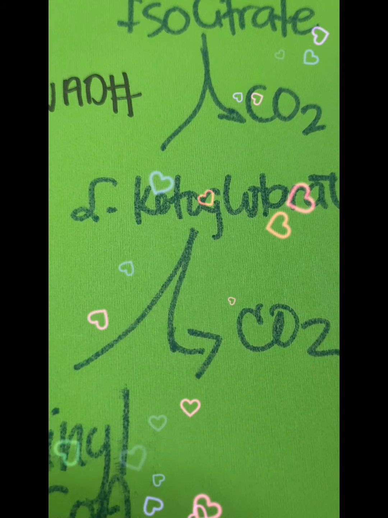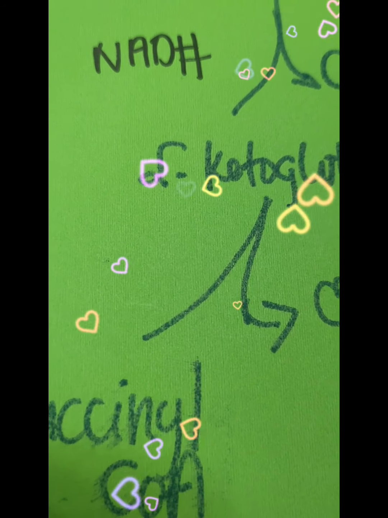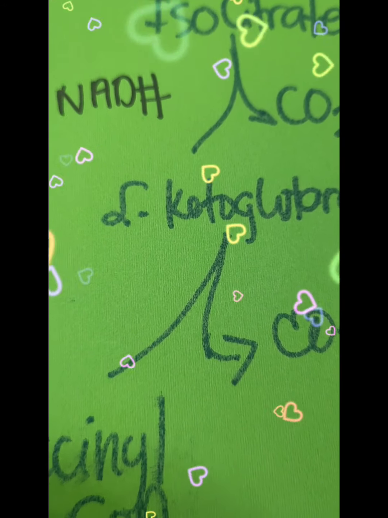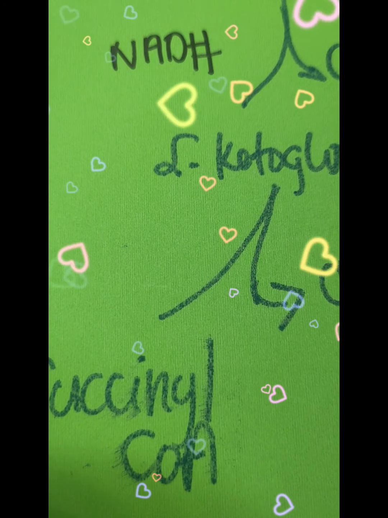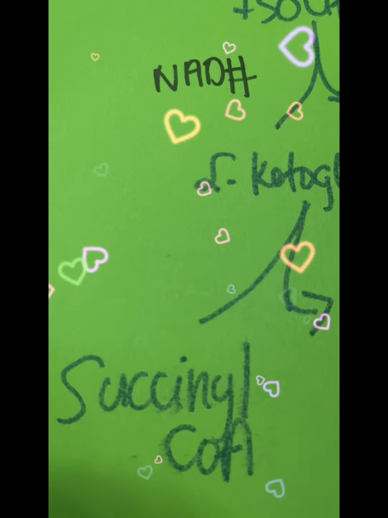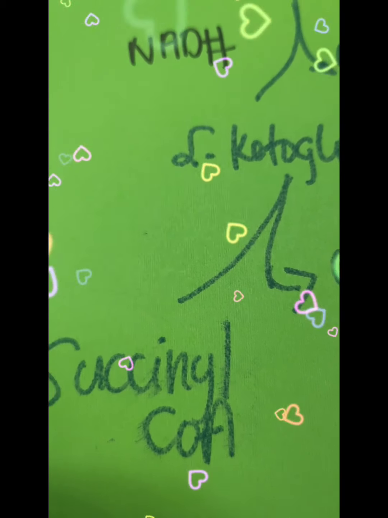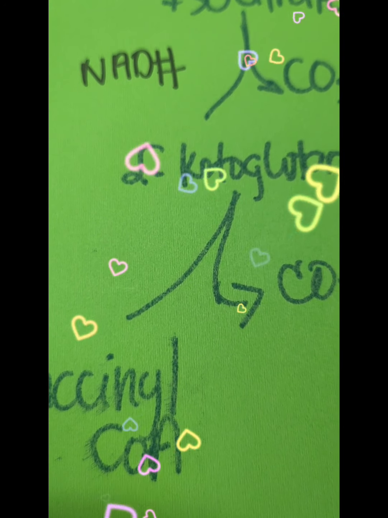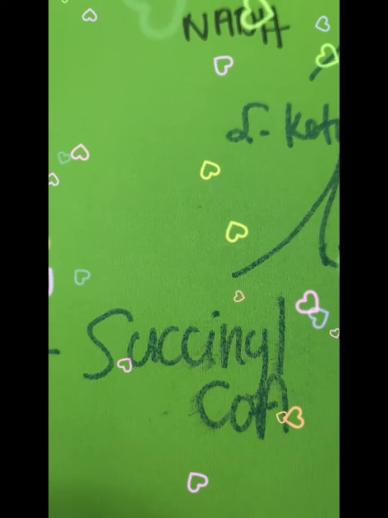Same as your PDHC, pag sinabi nating complex, then therefore, this will contain multiple copies of the three enzymes. Okay? Now, also, same with your PDH complex, this will need your coenzyme, TPP, that is your thiamine pyrophosphate, lipoic acid, and it also needs your FAD and NAD. Okay? So, wala lang sa kanya yung CoA as compared to your PDH.